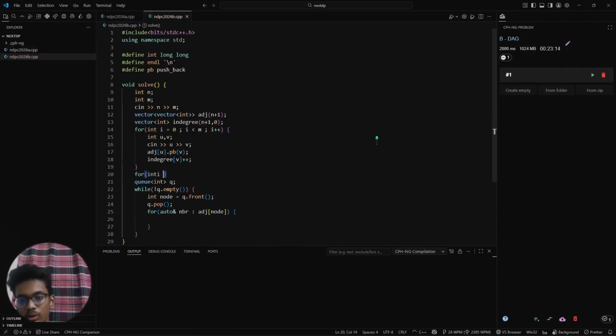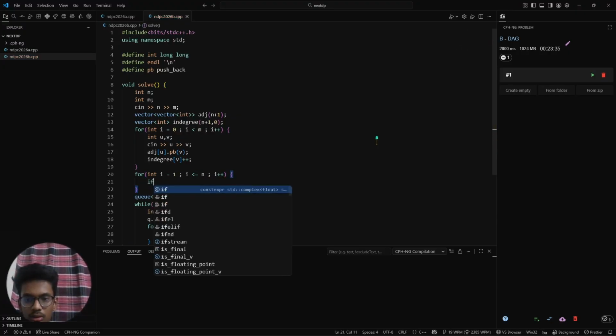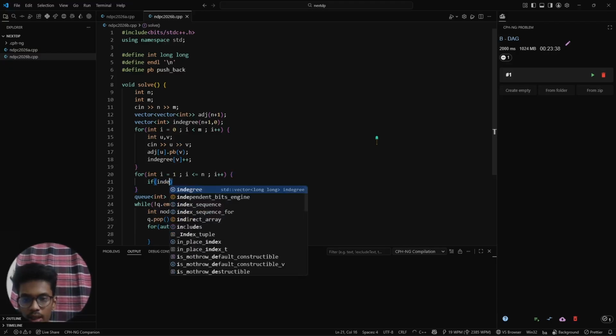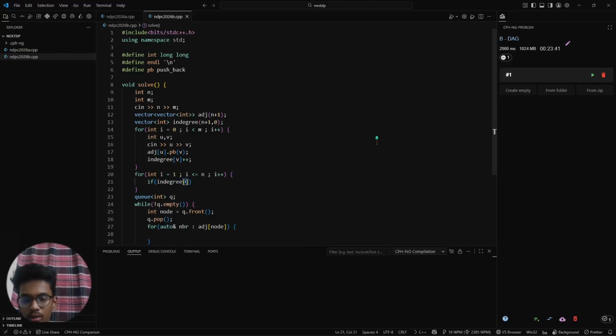If after all this you find that in degree of some i is 0, you will make it the start node. That means you will push it into the queue. That means queue should be here.